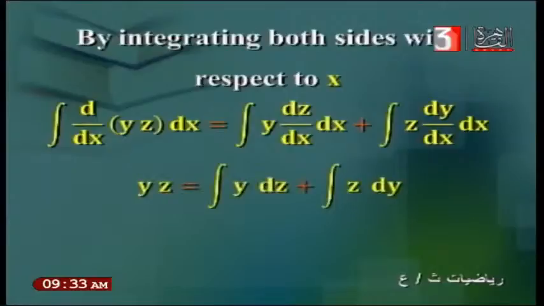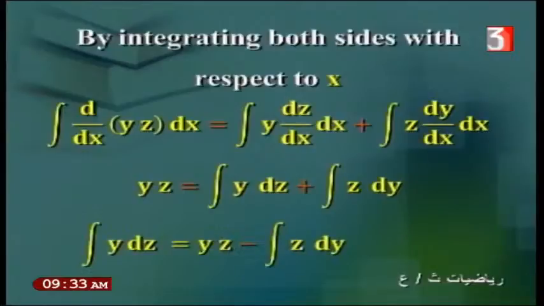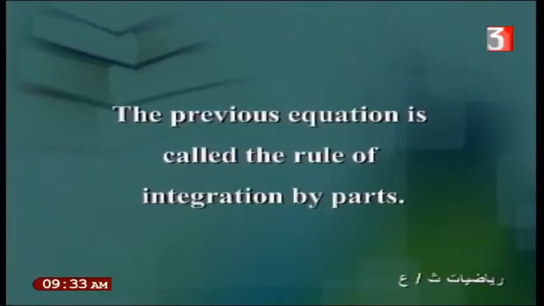Then yz equals the integration of y dz plus the integration of z dy. Now we have the integration of y dz equals yz minus the integration of z dy, and this method is called the rule of integration by parts.